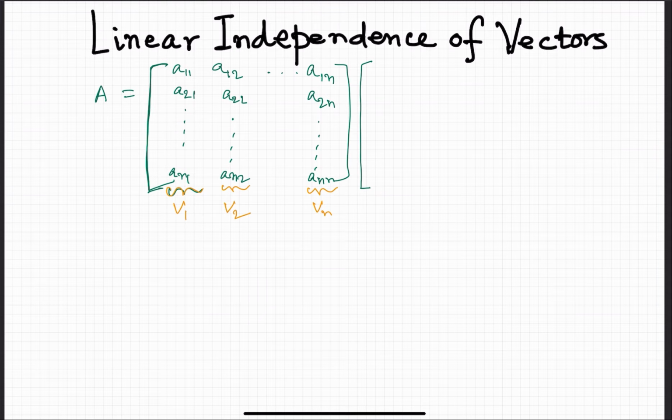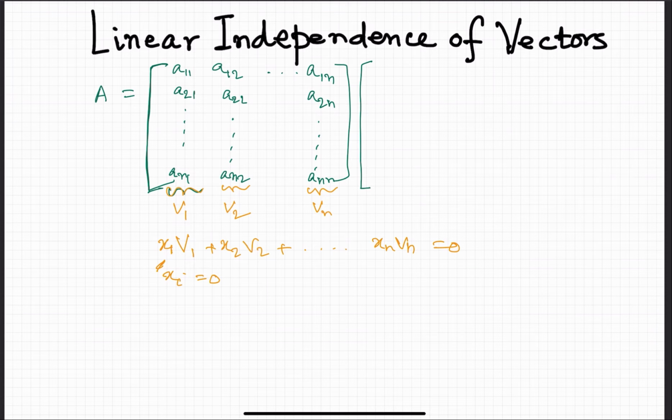Let me write it as x. If these x's are variables, x1 v1 plus x2 v2 plus up to xn vn is equal to 0 only when all these xi's are 0, then we can say that v1, v2, up to vn are linearly independent of each other.